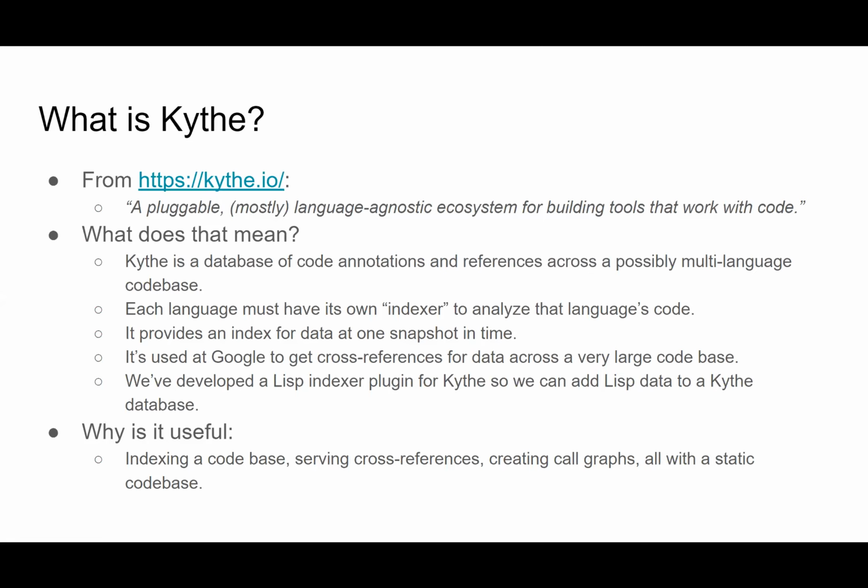Now, by pluggable, each language develops its own indexer plugin to Kythe, and Kythe just asks the plugin to analyze the file. It's used at Google to get cross-references for data across a very large code base. We've developed a Lisp plugin for Kythe, so we can add Lisp data to the Kythe database.